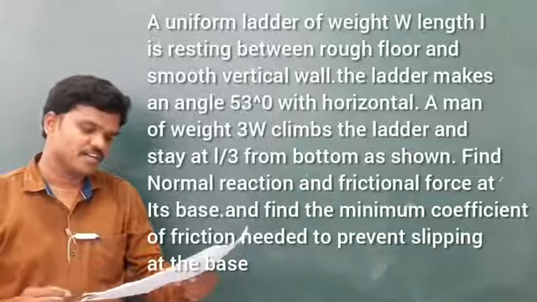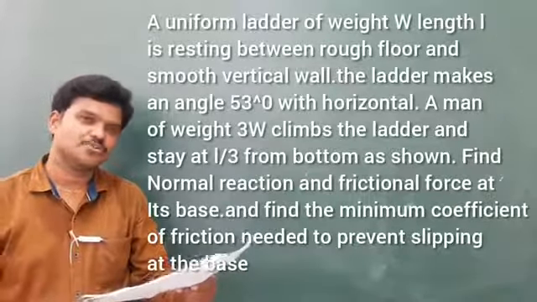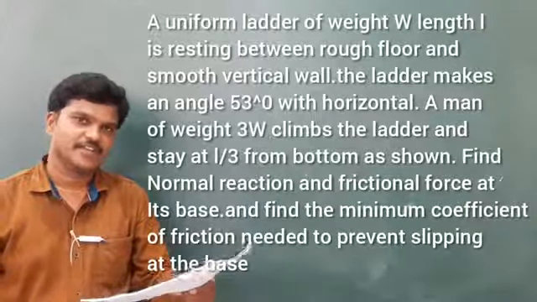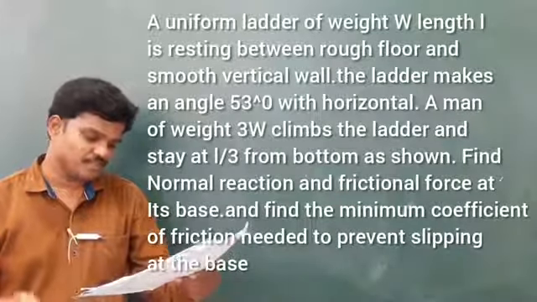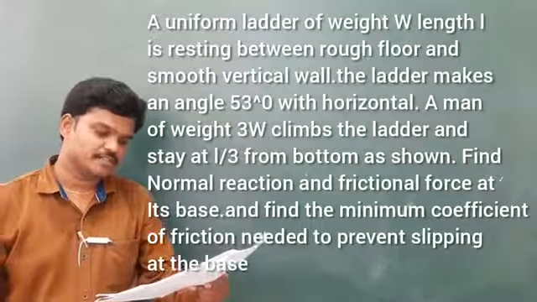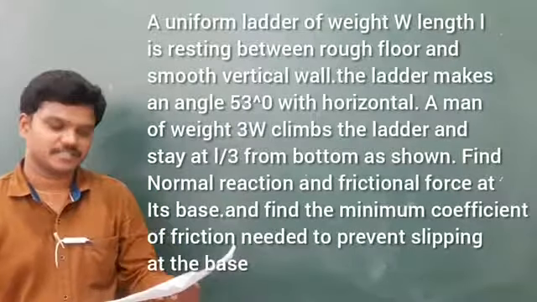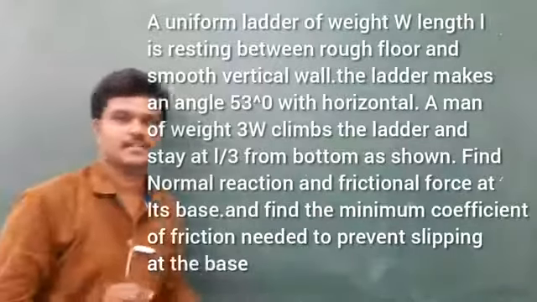Then find the normal reaction and frictional force at its base. And they are asking one more question: find the minimum coefficient of friction needed to prevent slipping at the base.